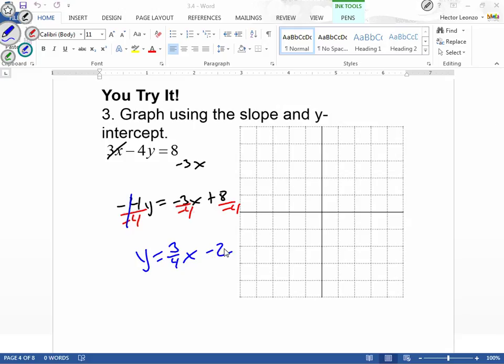So my y-intercept is negative 2. On the y-axis, I'm going to go negative 2. Now, my slope tells me 3 up and 4 to the right. So I'm going to go 1, 2, 3, and 1, 2, 3, 4. 3 up and 4 to the right. And then connect your points.